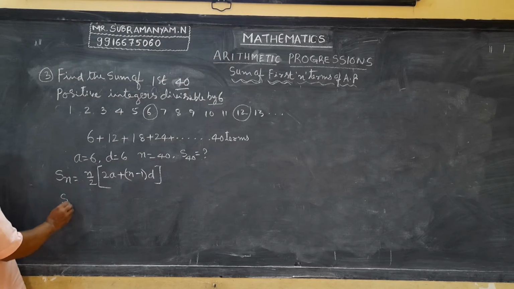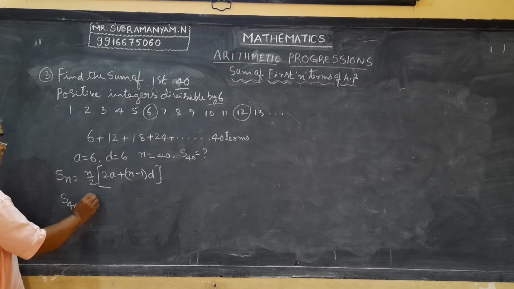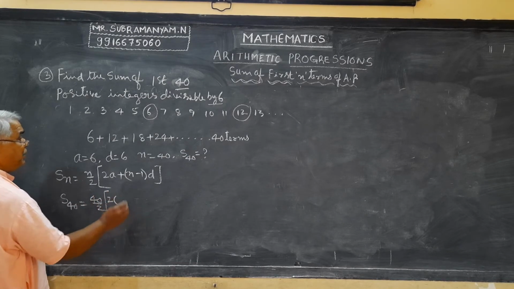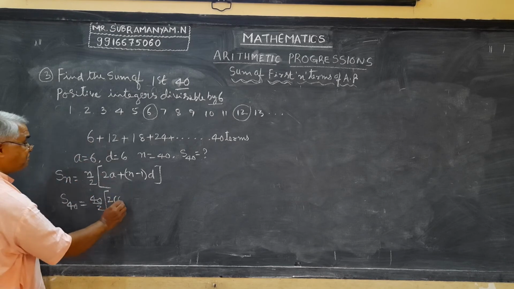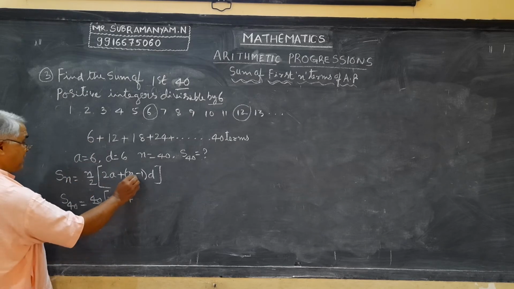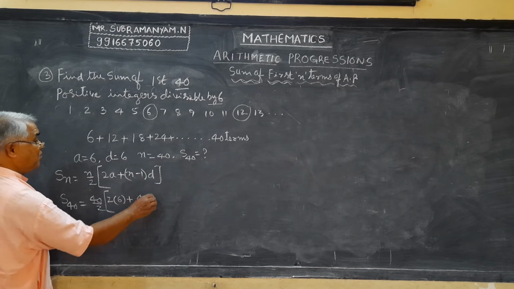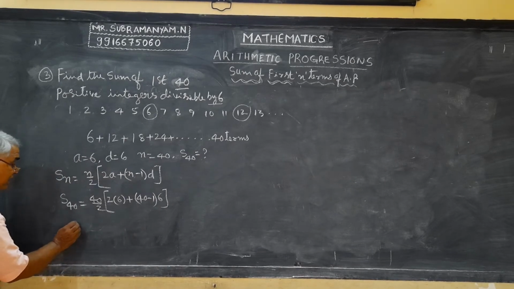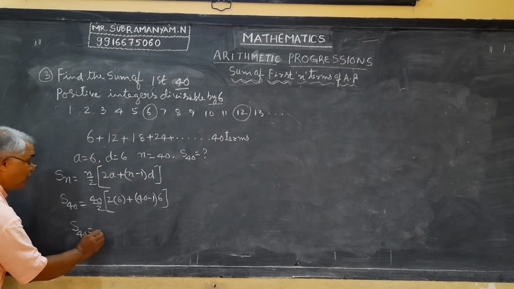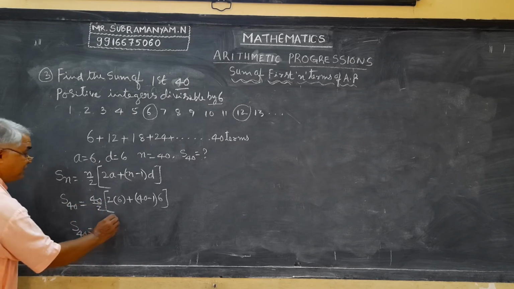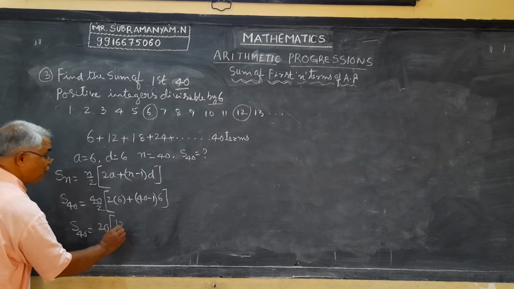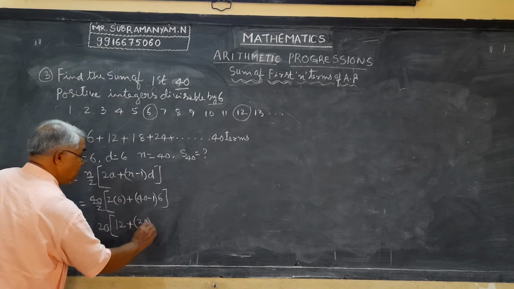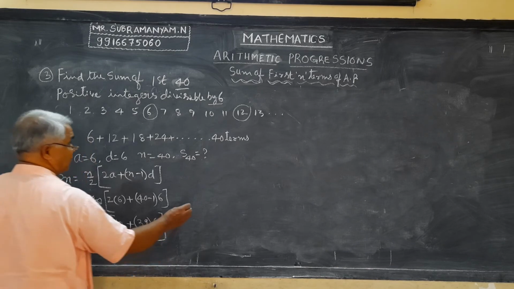Yes, n value 40 equal to 40 by 2 into 2 into, what is a value here? 6 plus n value 40 minus 1 into d value 6. S40 equal to, this is a 20, we simplified. 6 into 2, 12 plus 40 minus 1, 39 multiplied by 6.